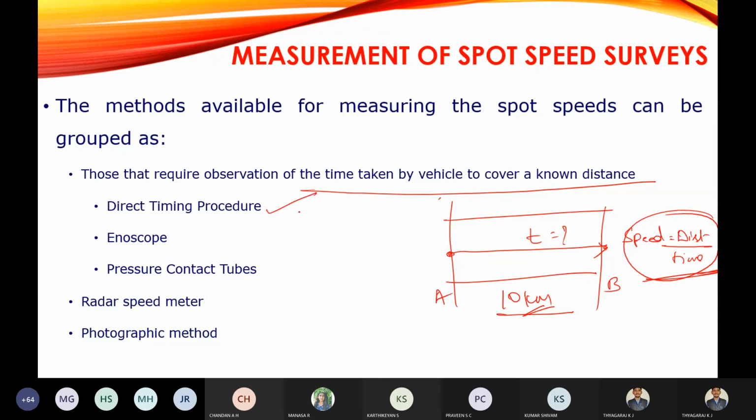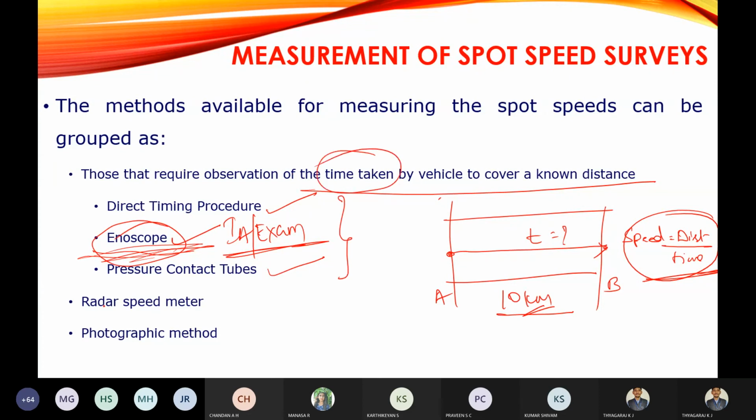Under that, there is the direct timing procedure, directly noting down the time required to travel from one point to another. Then the enoscope, which is very important from the examination point of view. They will ask for 8 marks about the enoscope. Then pressure contact tubes, which work on the same principle of noting down the time taken to cover a known distance.